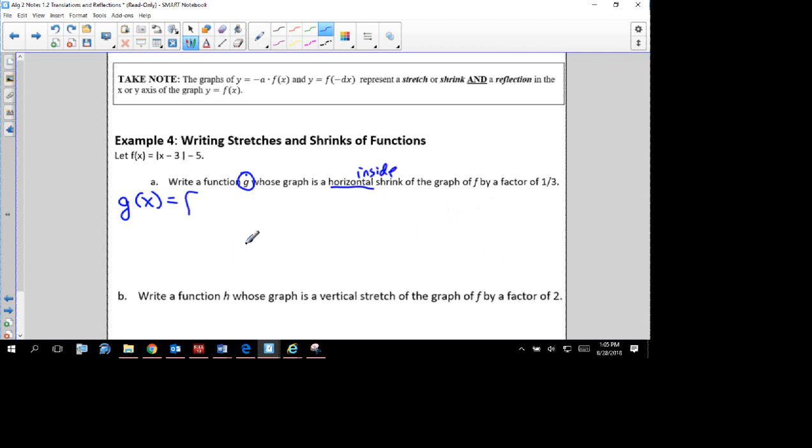So I'm going to write f of, and on the inside, I'm going to multiply a number with x. But that number is opposite of what I'm multiplying by here. So if I'm multiplying by 1/3 in the question, what actually goes in there? 3, the reciprocal.